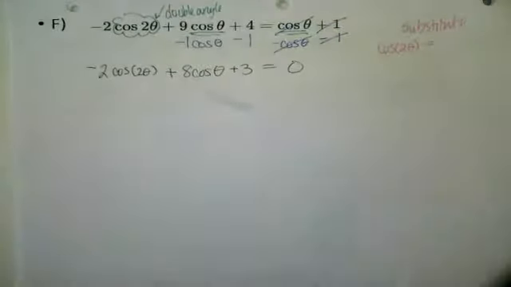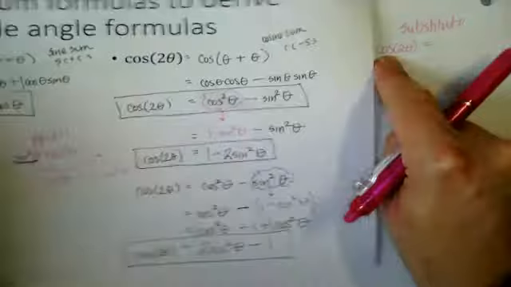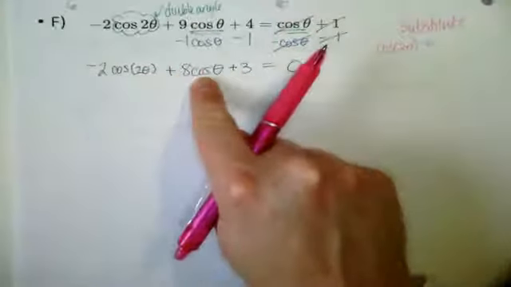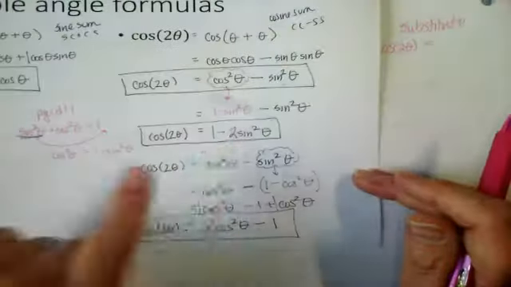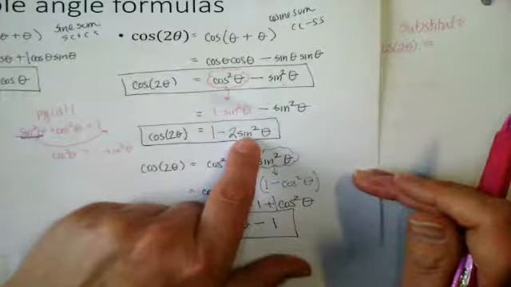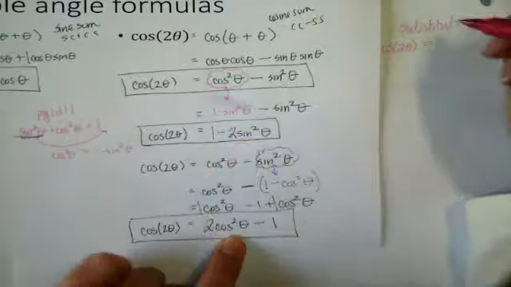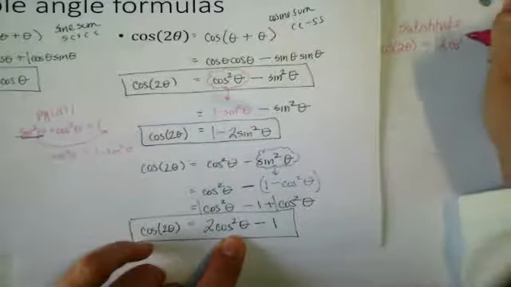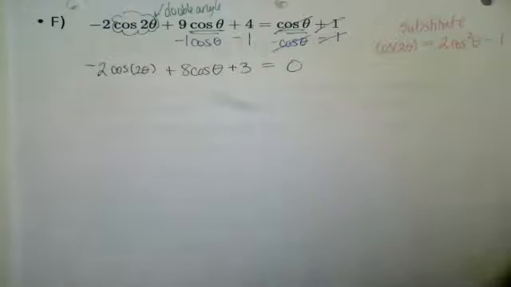This one has cosine and sine. I'd really like to only stick with cosine because all my other functions here are just cosine. I don't want to use this one because it involves sine. Here, I want to use this one, 2 cosine squared theta minus 1. So I'm going to do that substitution so that my functions are all just cosine.